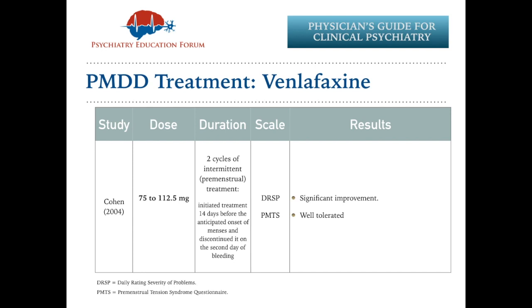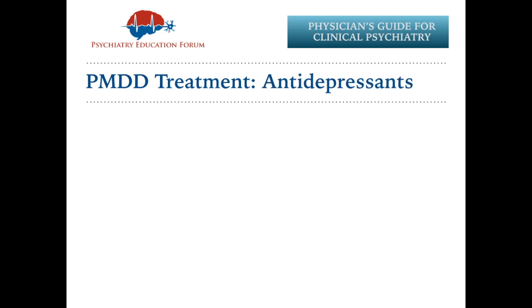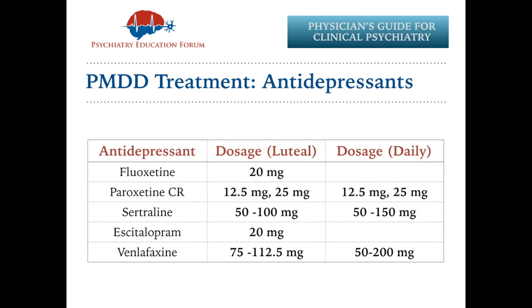I will not go into details of this study, otherwise we'll spend more than 2 hours on each medication. So this is what studies have shown in terms of antidepressant class. To summarize this is what we have found so far.